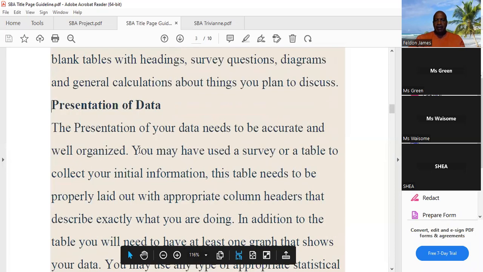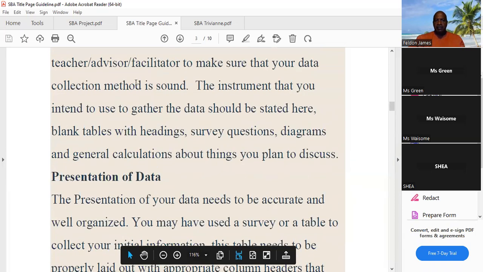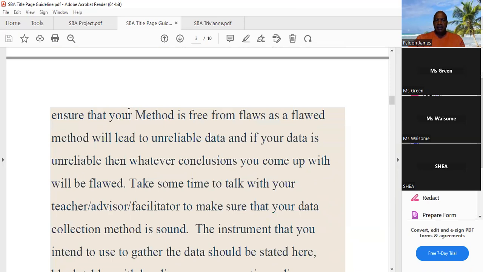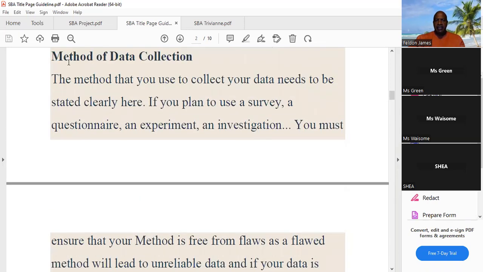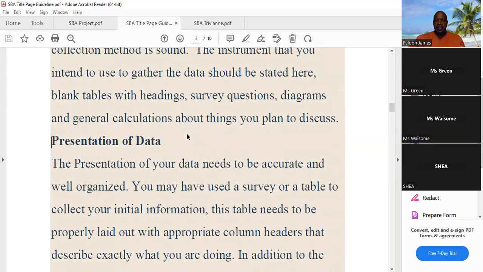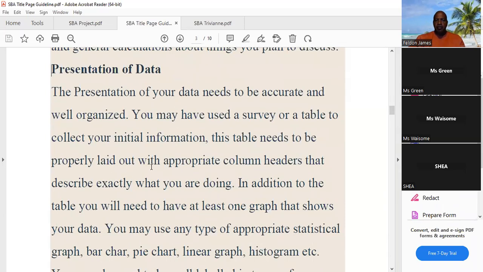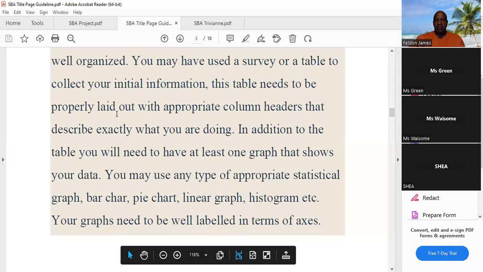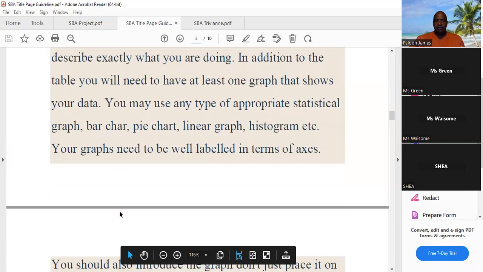So it means that the data you would have collected under the first heading, method of data collection, and put in a table, now you have to put in some chart form, either bar chart or a graph or a pie chart, etc.